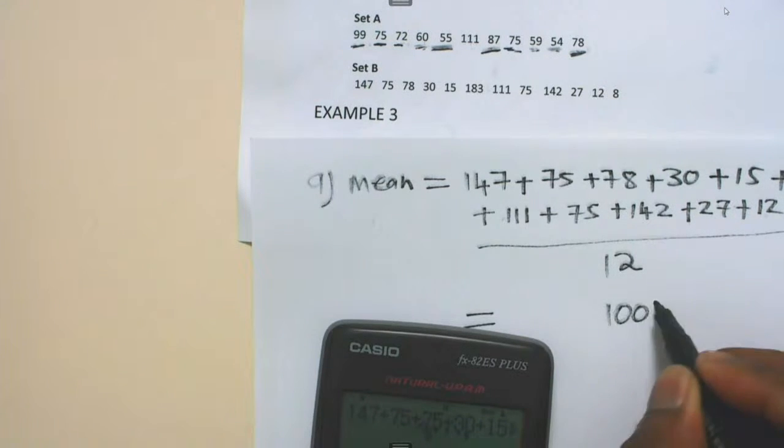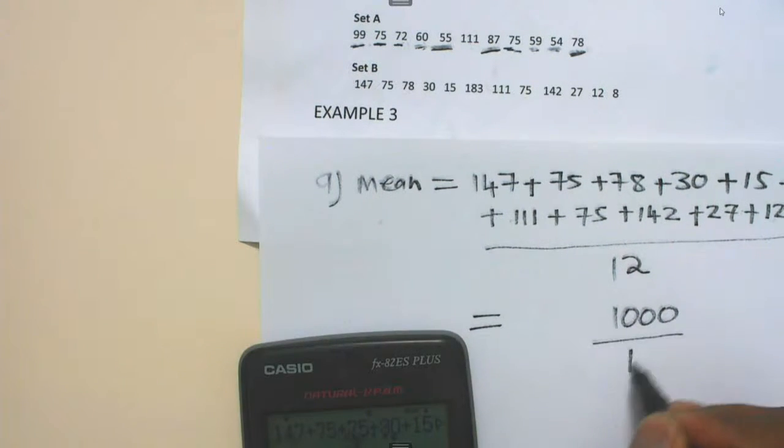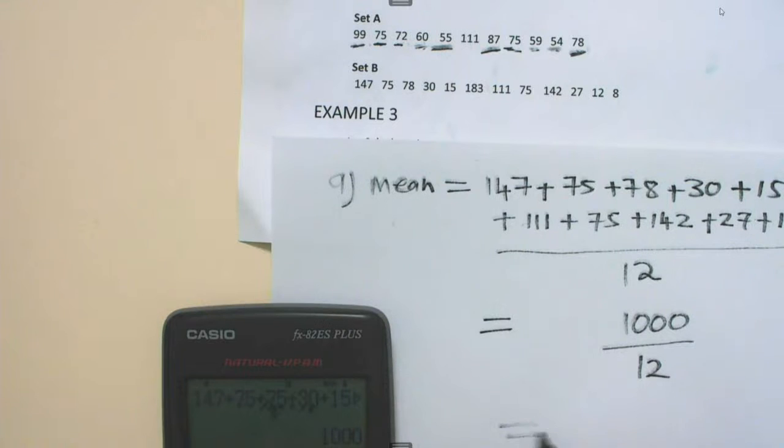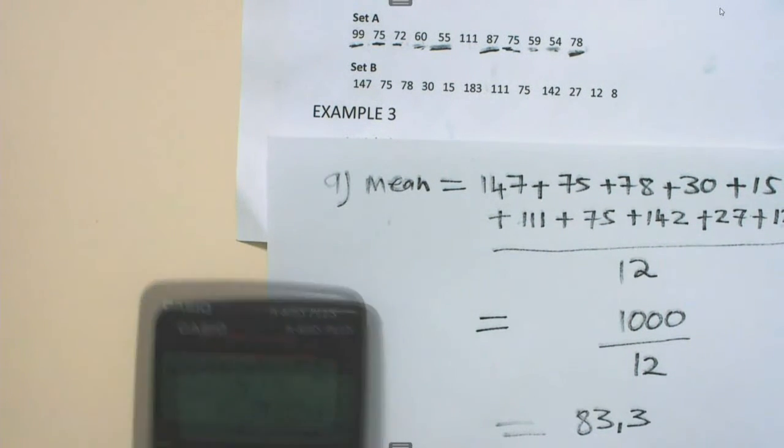So 1000 divided by 12, we get our mean value as 83.3. That's our mean value.